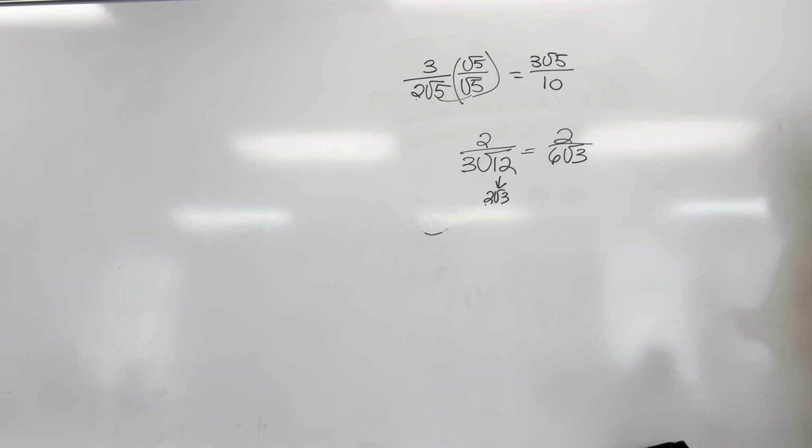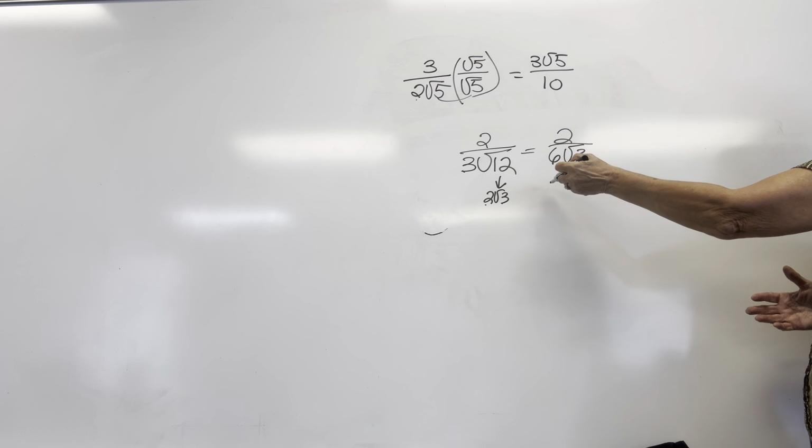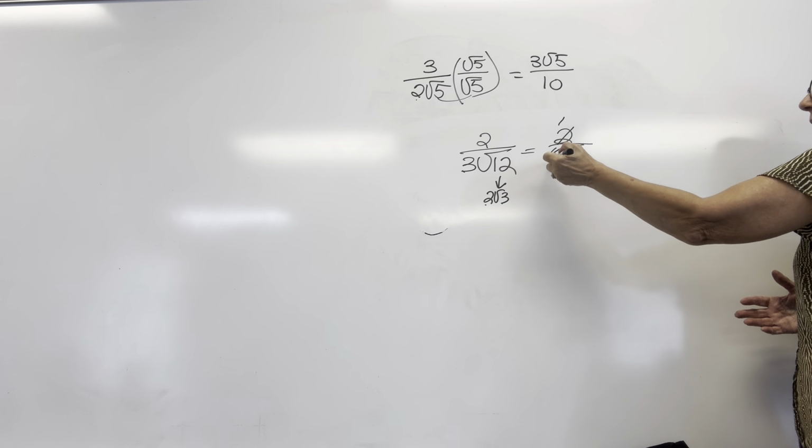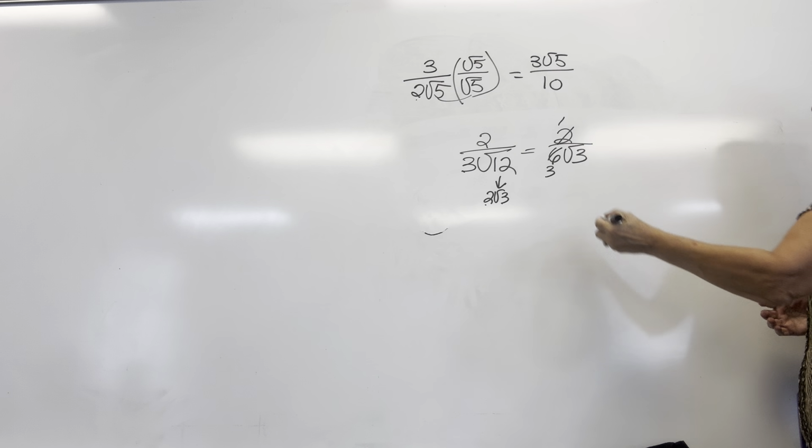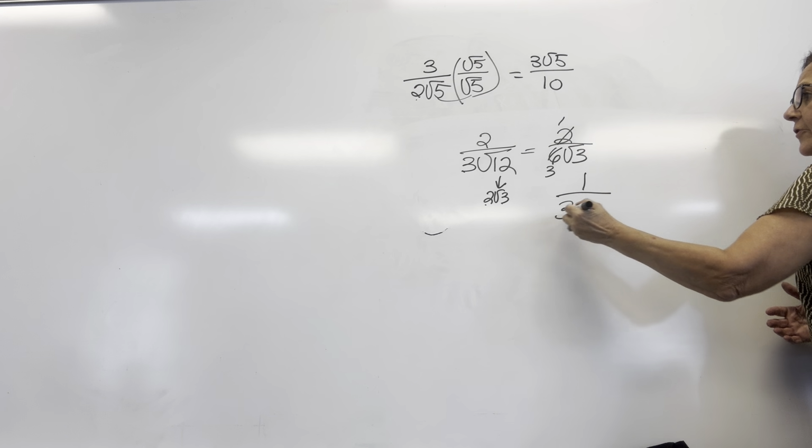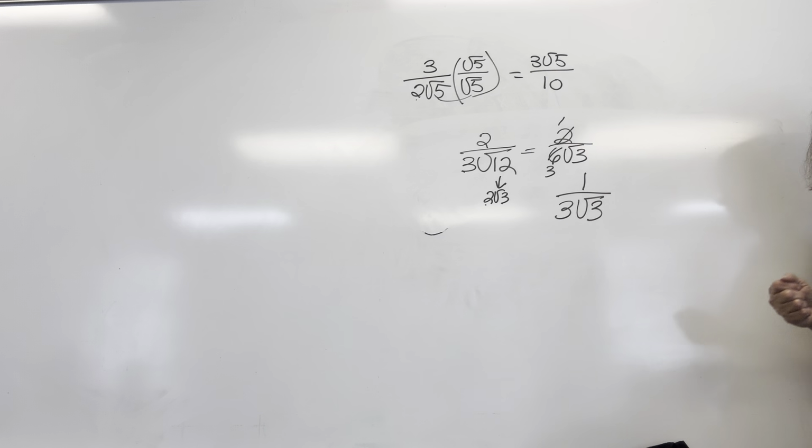Can you simplify before we rationalize? I would simplify before I rationalize. So the 2 and the 6 can be simplified as 1 and 3. So it's 1 over 3 square root of 3.